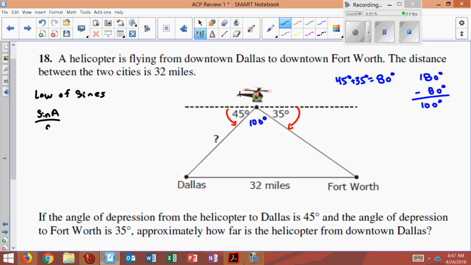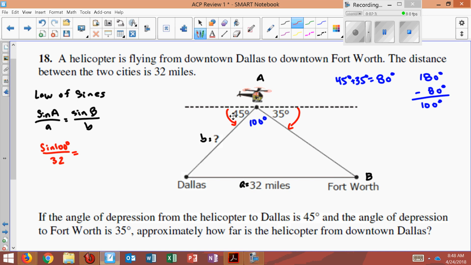Sine A over A is going to equal, and if we call this A and this A, we'll call this B, and this B over here, sine of angle B over side length B. So let's plug in our values. Angle A is 100 degrees, and the side length A is 32 miles. I would set this equal to sine B, which we don't know what this angle is yet.